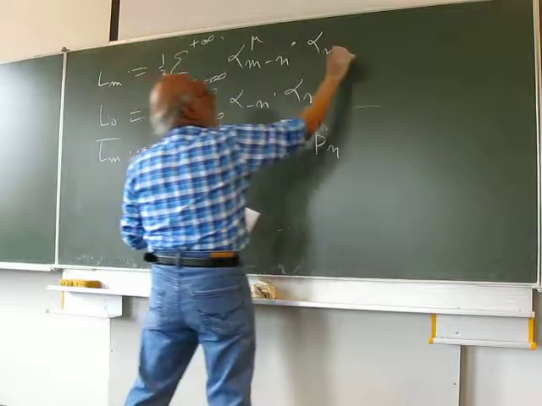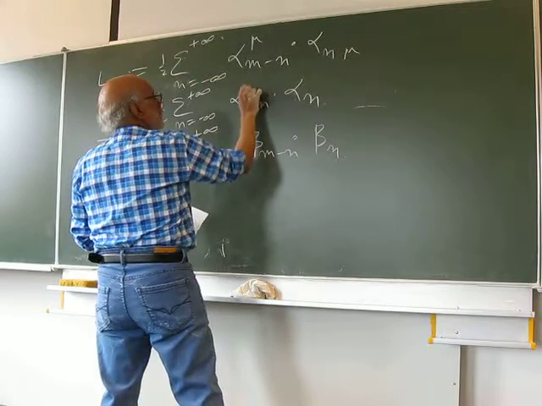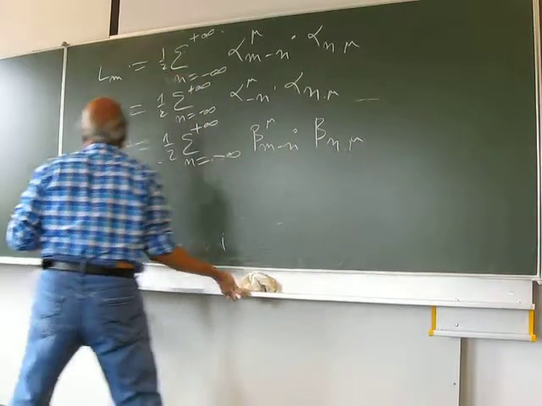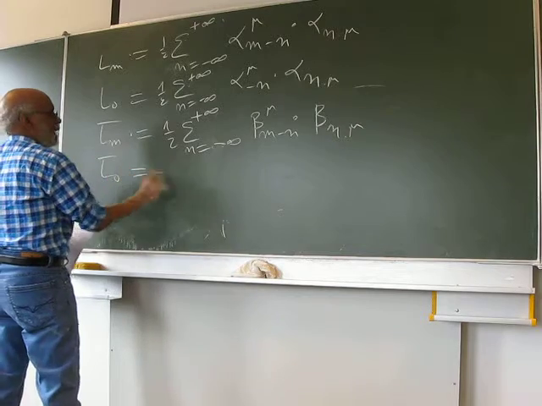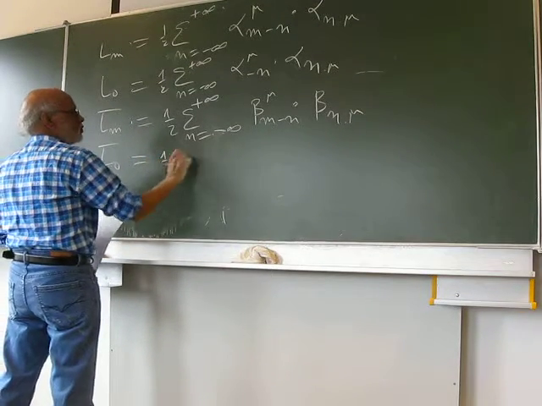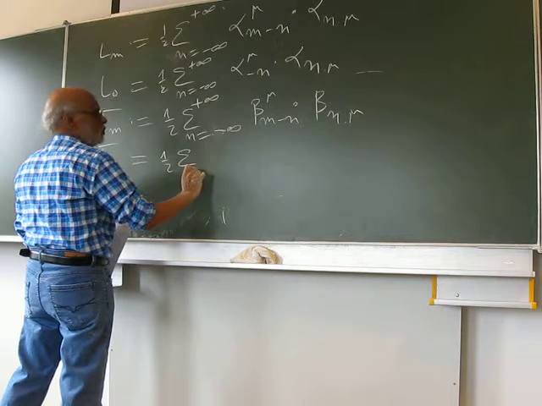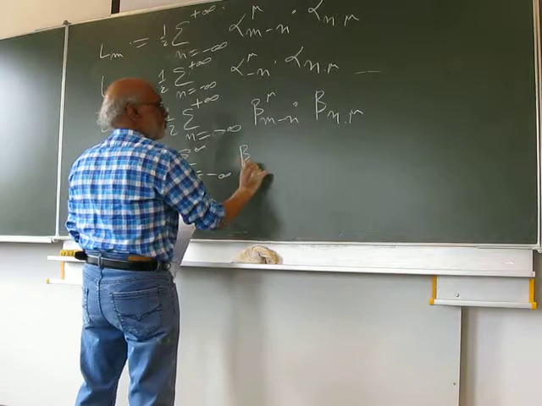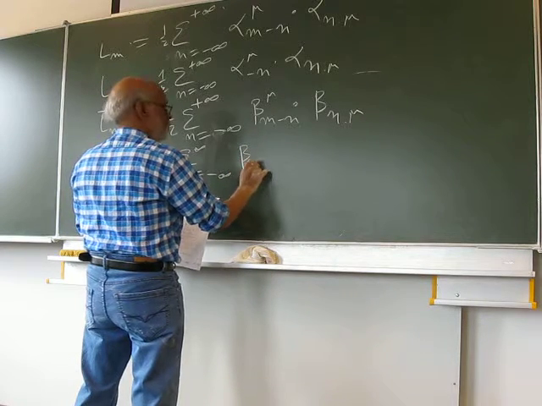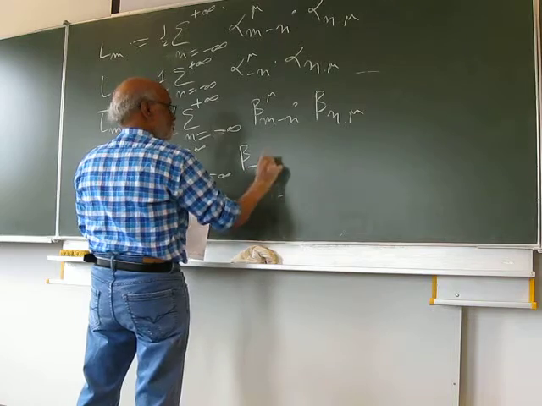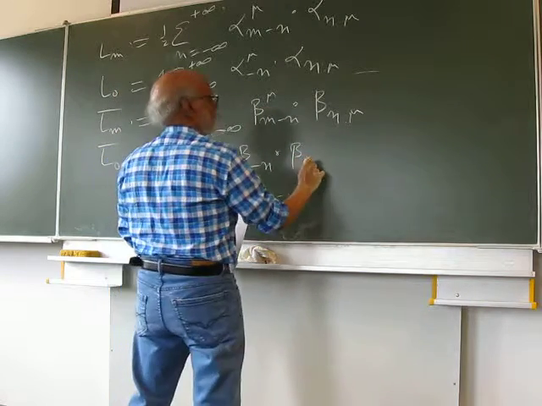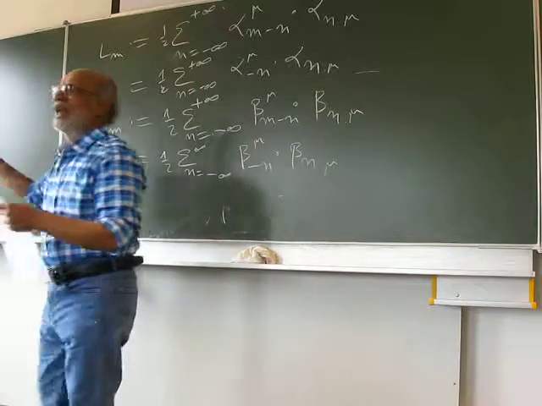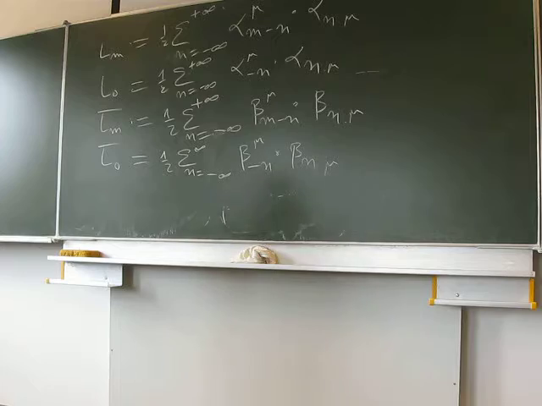So if you like, you will add mu here, and mu, and from here L0 bar. So the L0 and L0 bar would play a very crucial role.